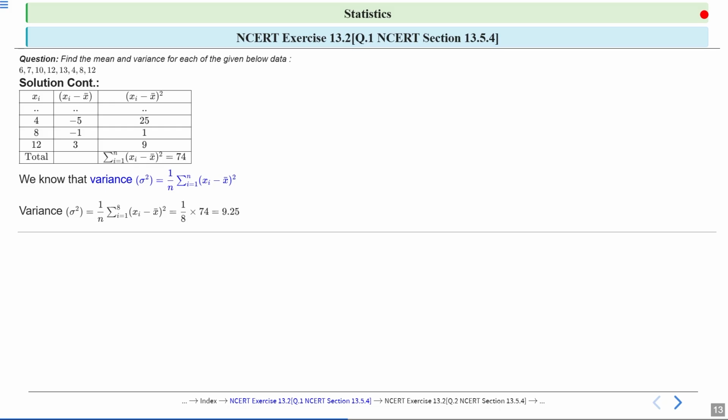We have 8 data points, so n equals 8, and our sum of squared differences is 74. So variance sigma squared equals 74 divided by 8, which is simply 9.25. So our final answer is 9.25. I hope this question is clear to all of you. Now let's move to the next question.